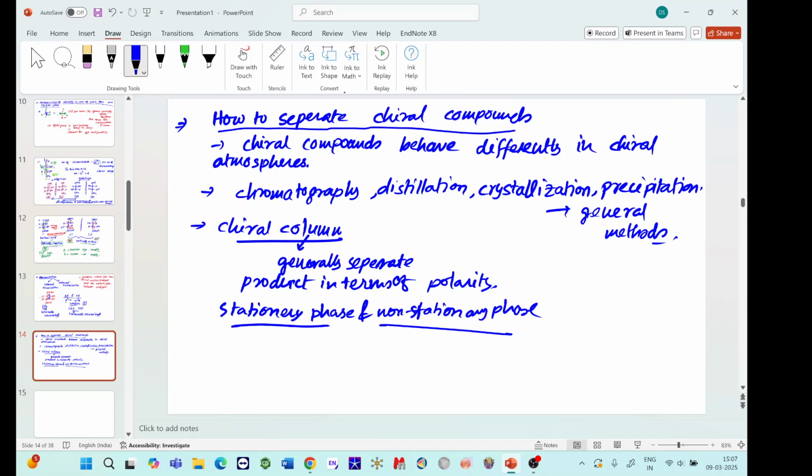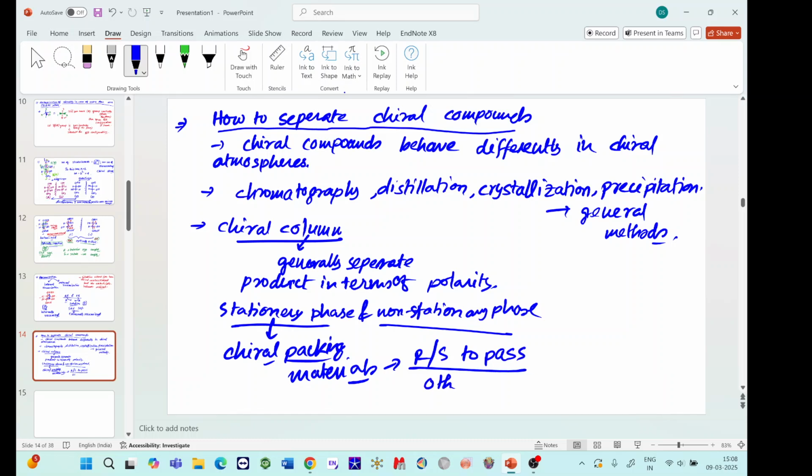In a chiral column, you pack the column with some chiral packing material, so that it will allow R or S to pass, and the other is blocked. Like this.